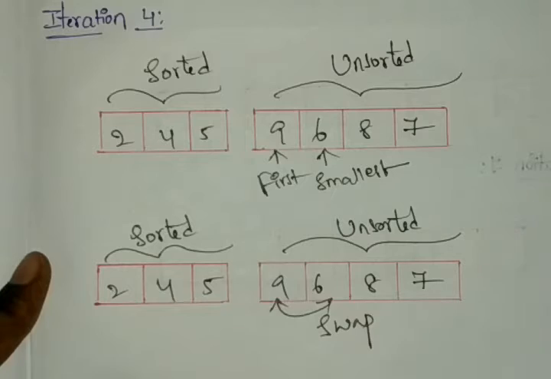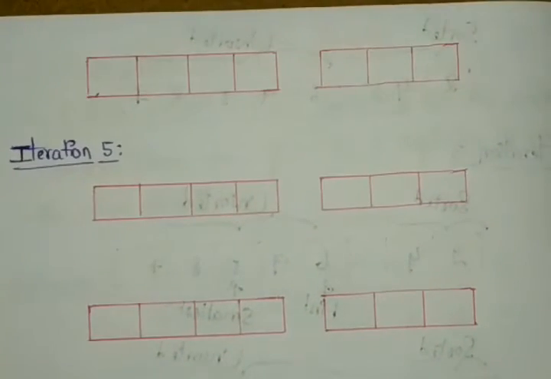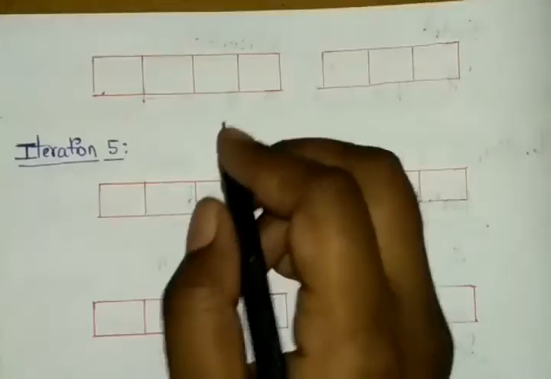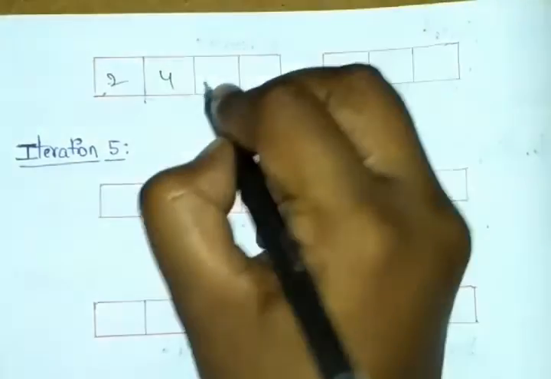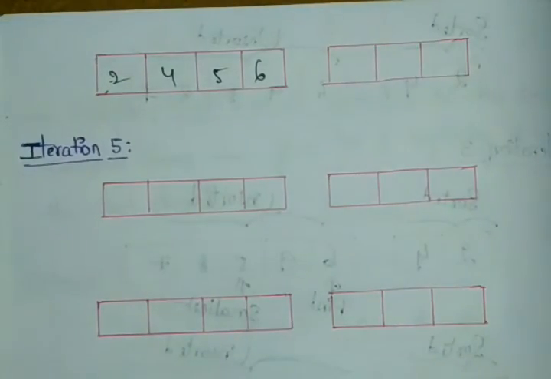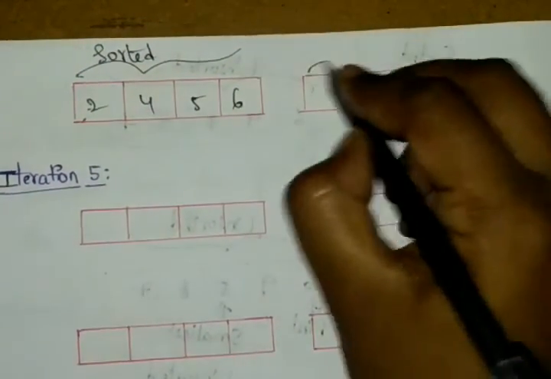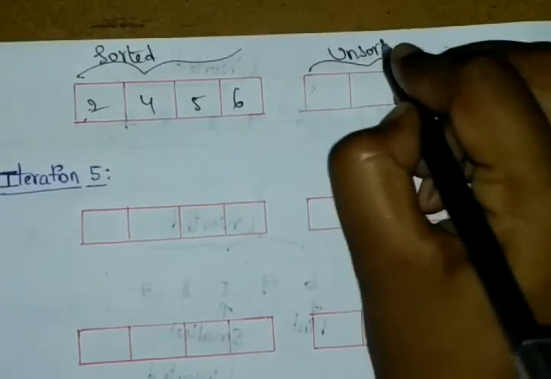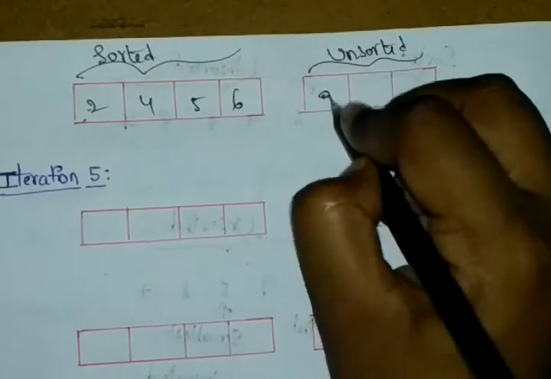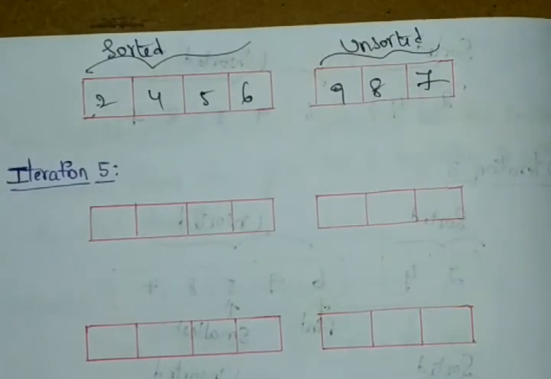Once you did the swapping, what will you get here? 2, 4 and the 5, 6. The value will come to here. And now we got the 4 elements in the form of a sorted list. And now here we have the unsorted: 9, 8 and the 7.